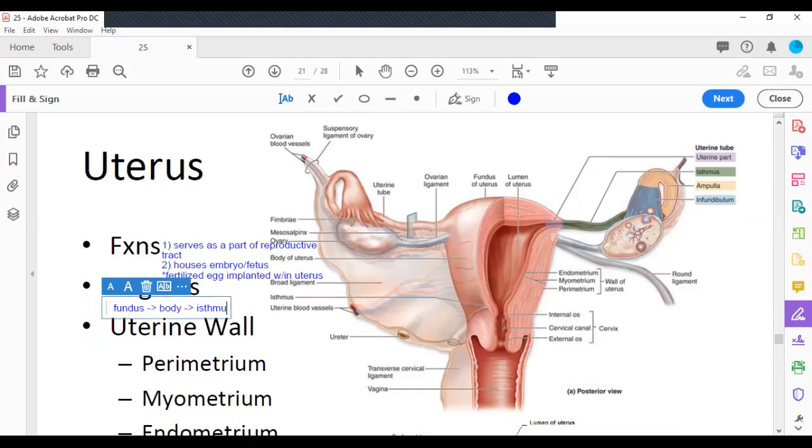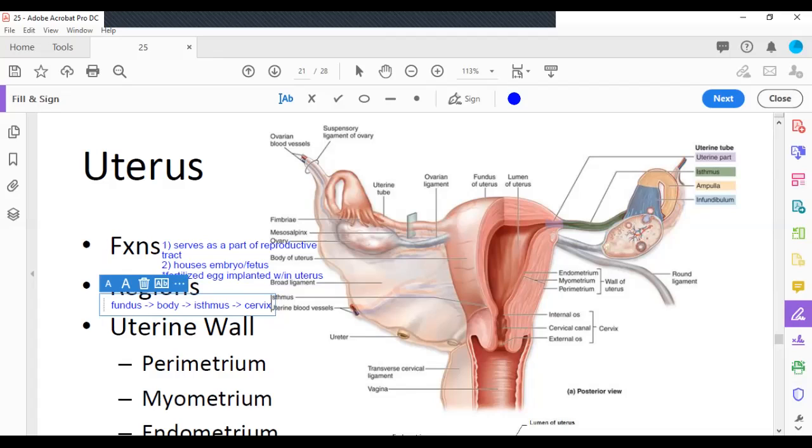Once again, the isthmus is a constricted portion. So this is wider, and for that reason it's called the body. And when it constricts, it becomes the isthmus. And the last portion is the cervix. The cervix is the neck of the uterus. So it's not an organ, it's just the neck of the uterus, a region within the uterus.